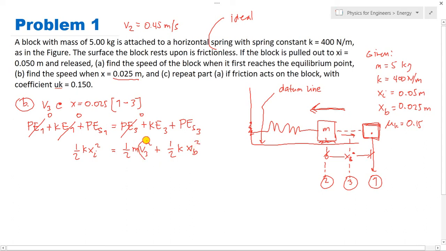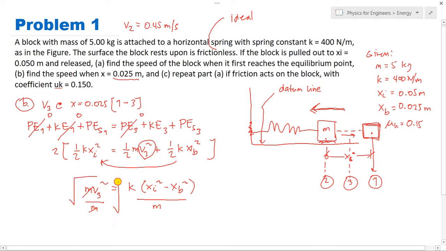Since v3 is what we need to find, we transpose this to the other side, and multiply both sides by 2 so that the 1/2 cancels. What is left is m v3 squared is equal to k times x_i squared minus x_b squared. We divide both sides by m, then take the square root.